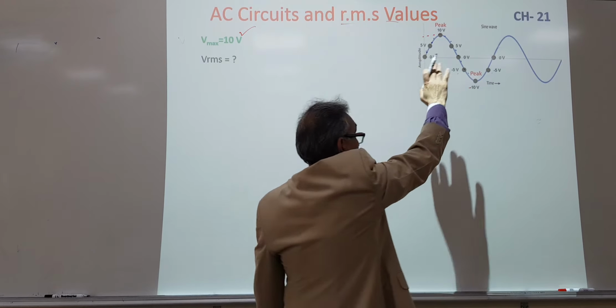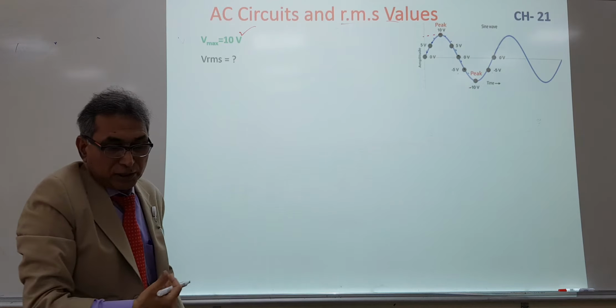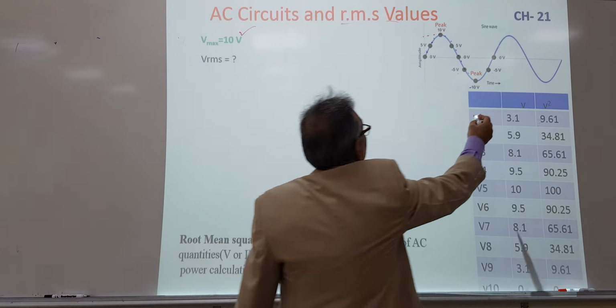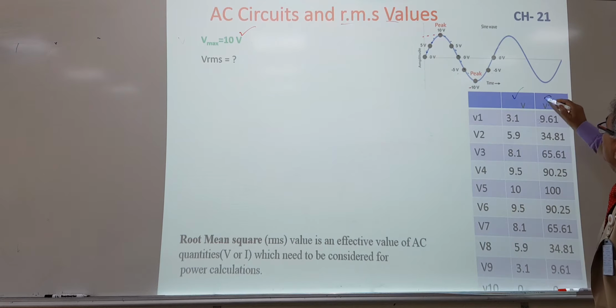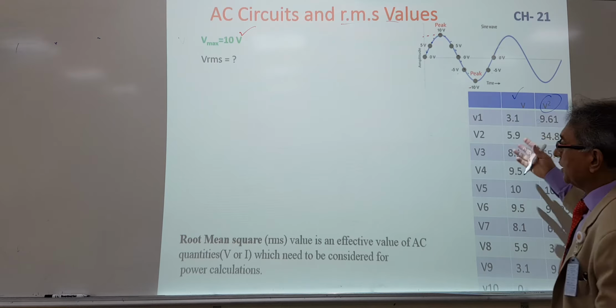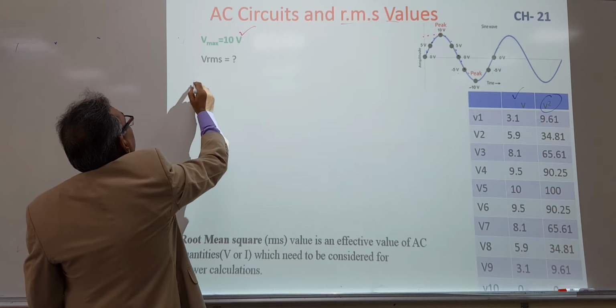So what do we do? We take the voltage values, equal sections, and then we take the square of all those values. If, for example, you get all this voltage, and this is the square of that, then what you do, you add all, divided by the total number of your readings. So this will give you the VRMS.